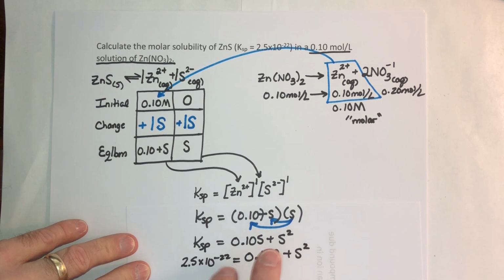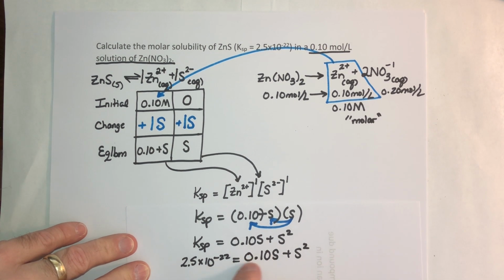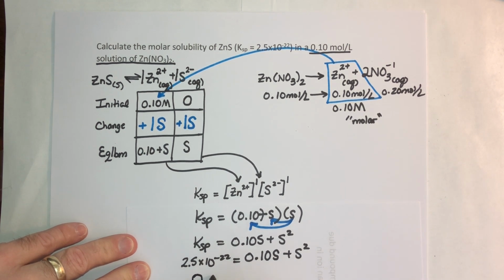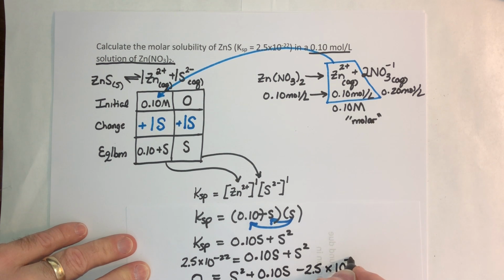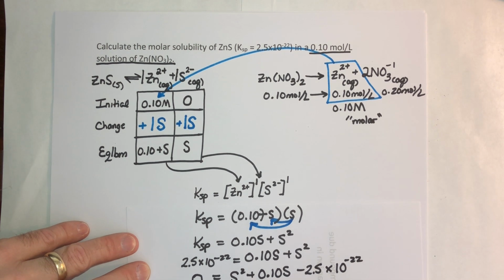If I switch these two around so that way the S squared is first and the S is second, and I move my constant over, I would get 0 equals S squared plus 0.1S minus 2.5 times 10 to the minus 22. So in order to solve for S, you would have to haul out your quadratic equation.